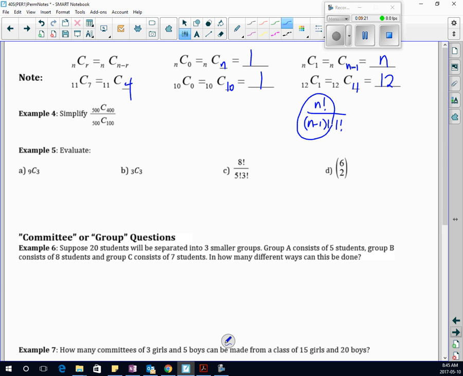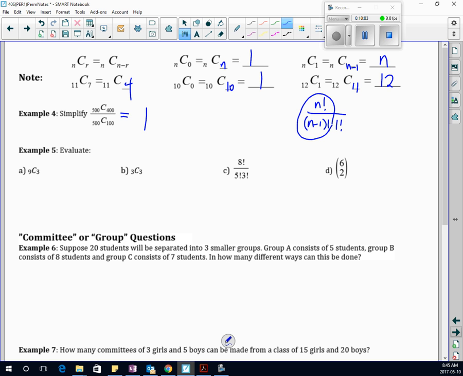Okay, so what would 500C400 be equal to? Well, that would be the same thing as what 500C100 would be, right? So if I divide the two, what would I get? One. They're the same thing, right? 500C400 and 500C100, they're the same thing.